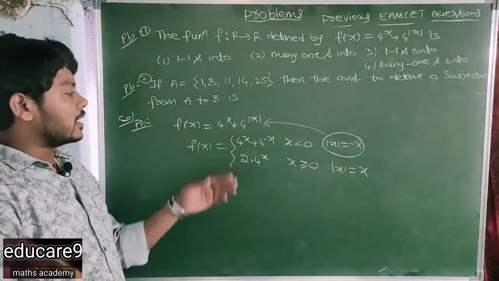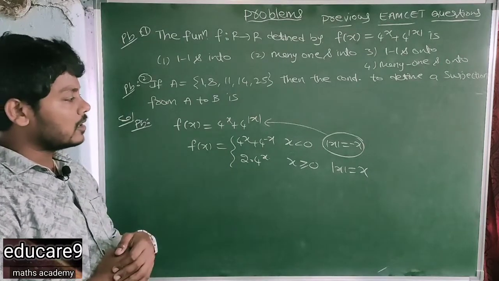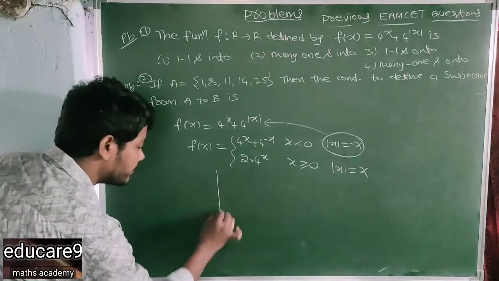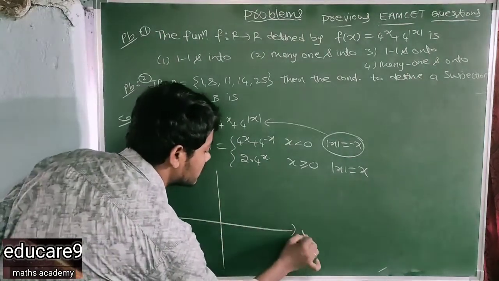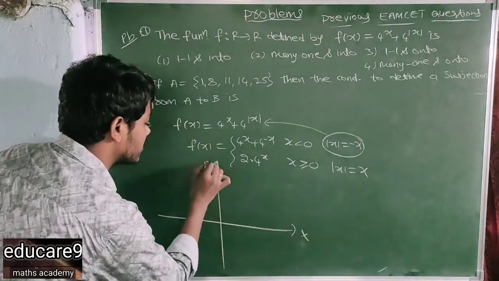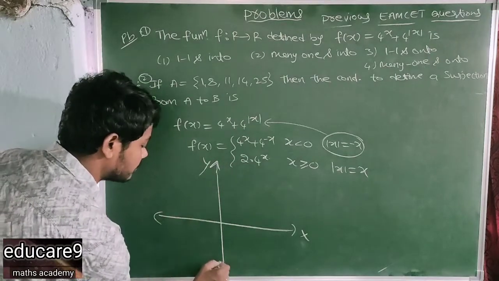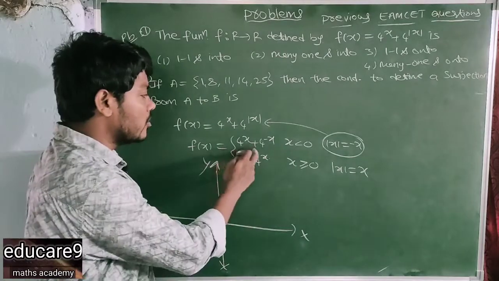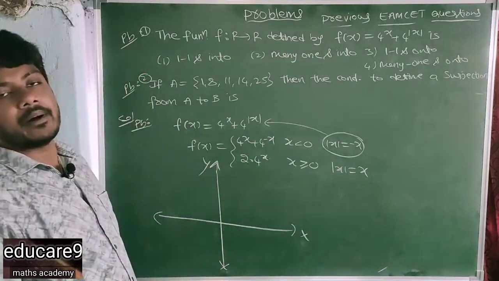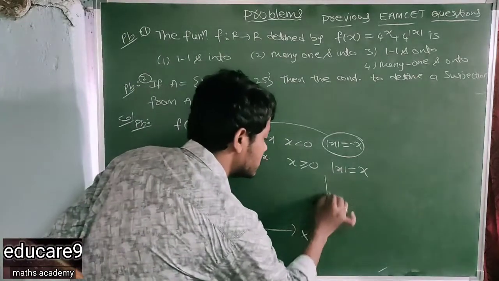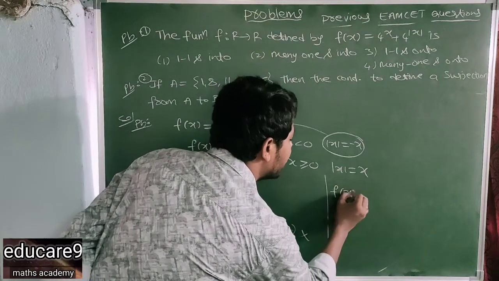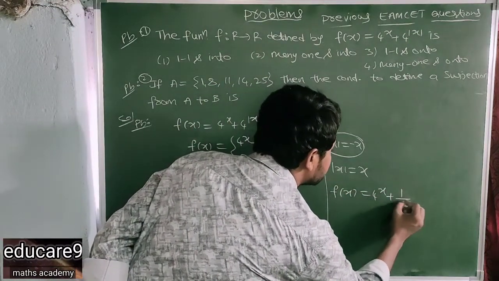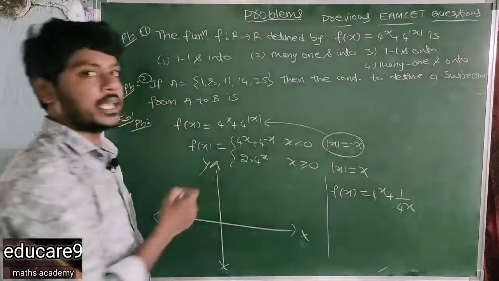So now draw the graph of the given function using these two conditions. So this is the x-axis, y-axis. See here, first one: f of x is equal to 4 power x plus 4 power minus x, write it as 1 by 4 power x.